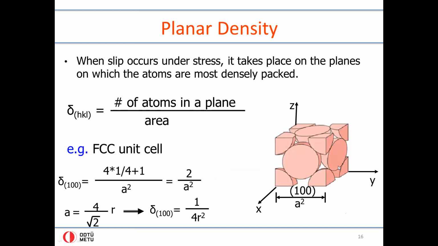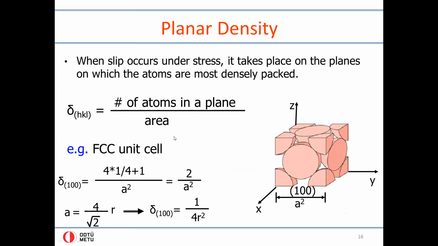So similarly, planar density is described as number of atoms in a plane divided by area. Now you might say that a plane, I said a plane is two-dimensionally infinite, and that is true. But to be able to count the number of atoms, you have to choose an area of interest. So here it should say a chosen area, or the unit area.